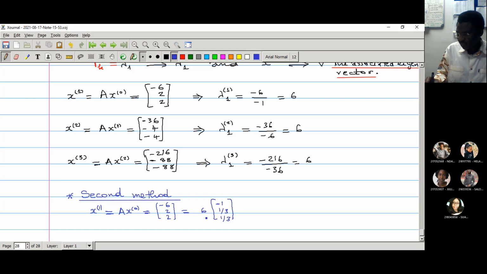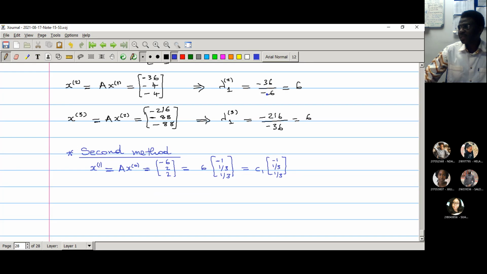And this is our CK, that would be C1. So C1 is 6.